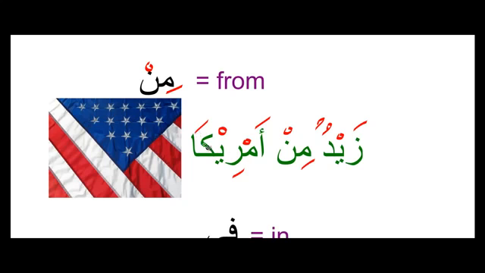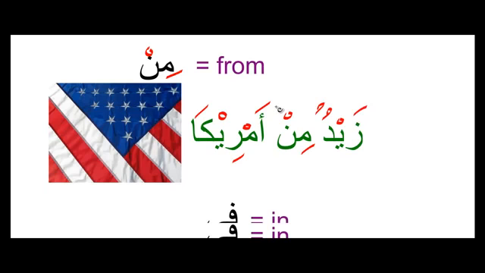Well, America is actually an exception, and we're going to talk about why it's an exception. But for now, just know that it's a foreign word, and foreign words that are transliterated directly into Arabic cannot take a kasra. So we have to leave it with an alif, and we say Zaydun min America.